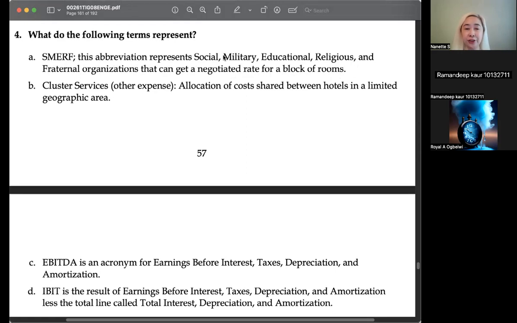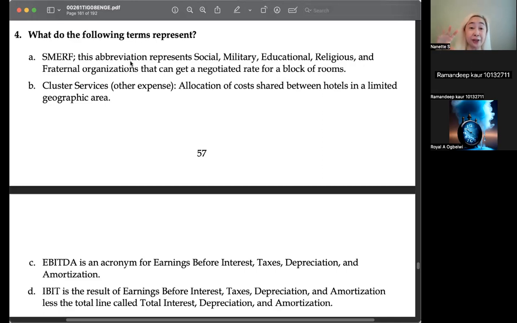Right. So let's say, for example, you have a group of guests coming from different schools. So let's say they do a field trip in your hotel, let's say every year. So let's say for middle school or high school, then you have your education account. Now, religious accounts come from different religious backgrounds. So it can be from the Jewish community, the Christian community, those belonging to a religious sector.